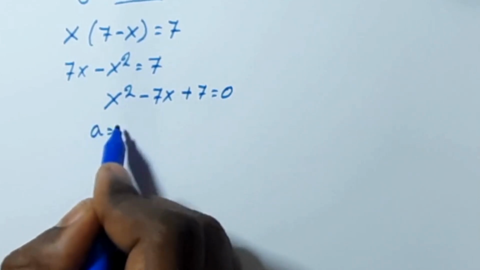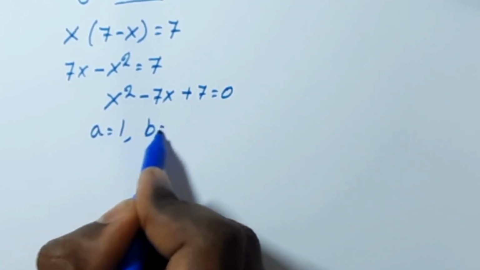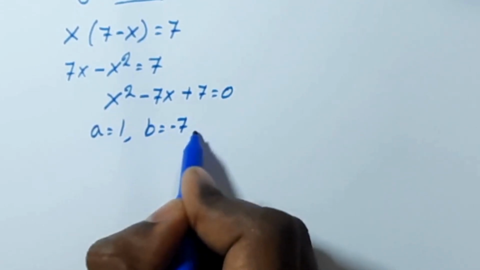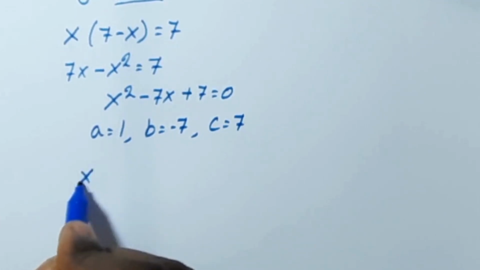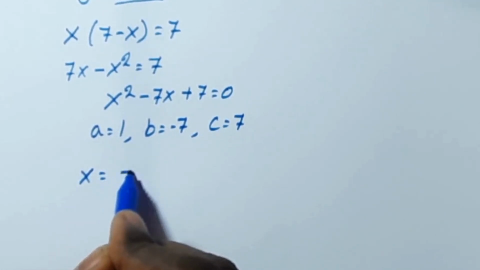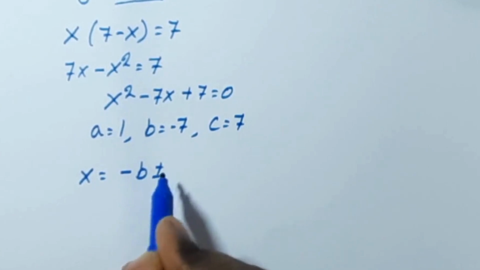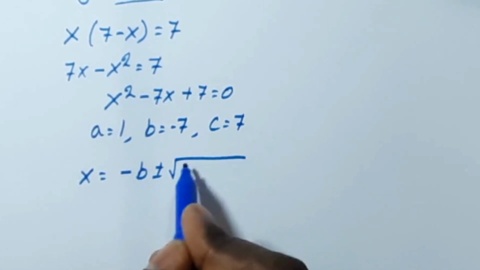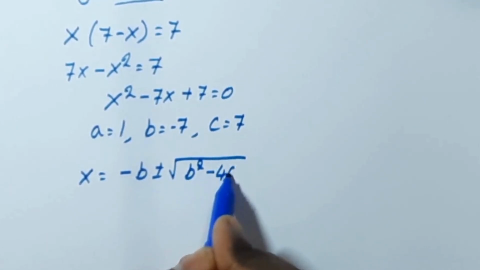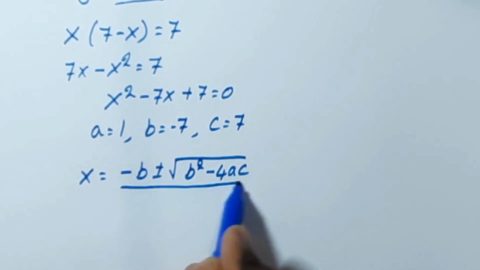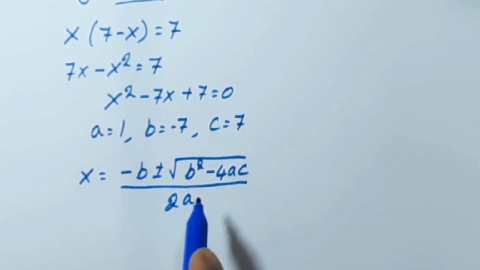A equals 1, B equals minus 7, C equals 7. The quadratic equation formula used here is x equals minus b plus or minus square root of b squared minus 4ac, over 2a.